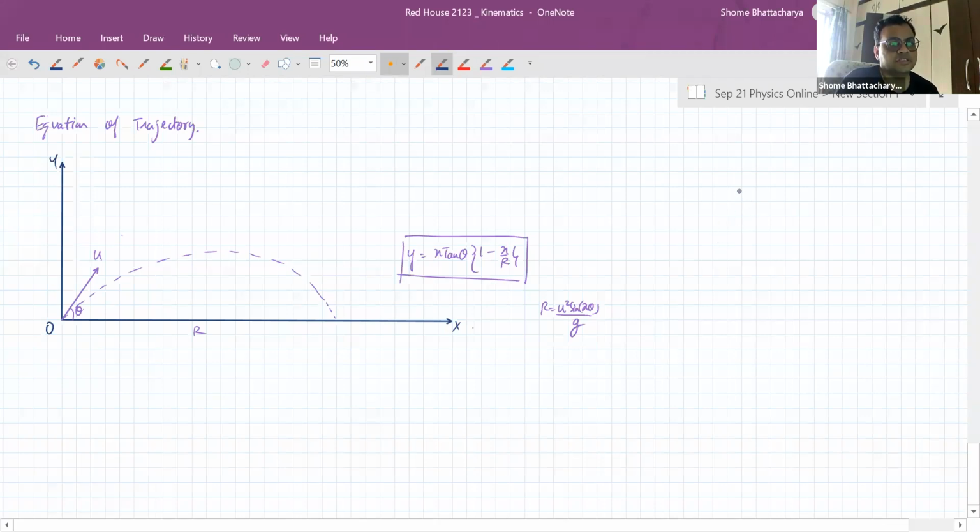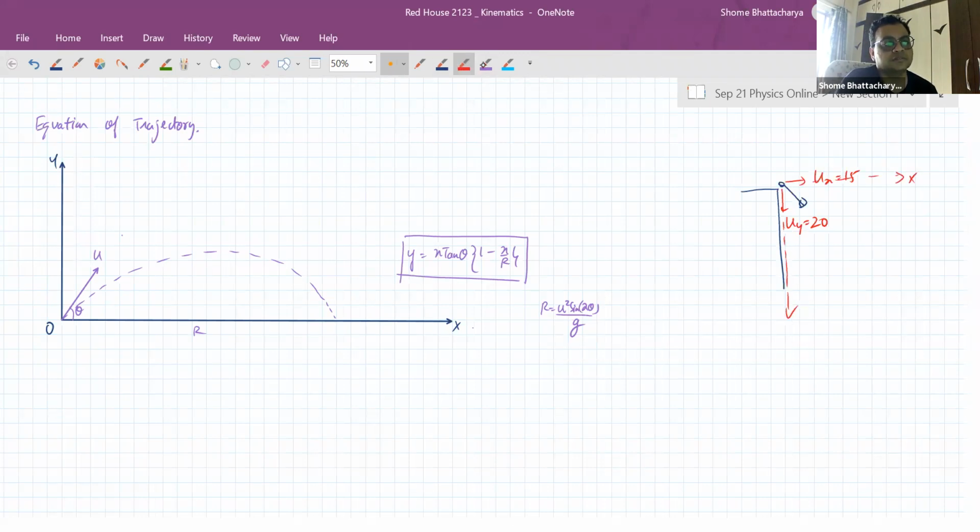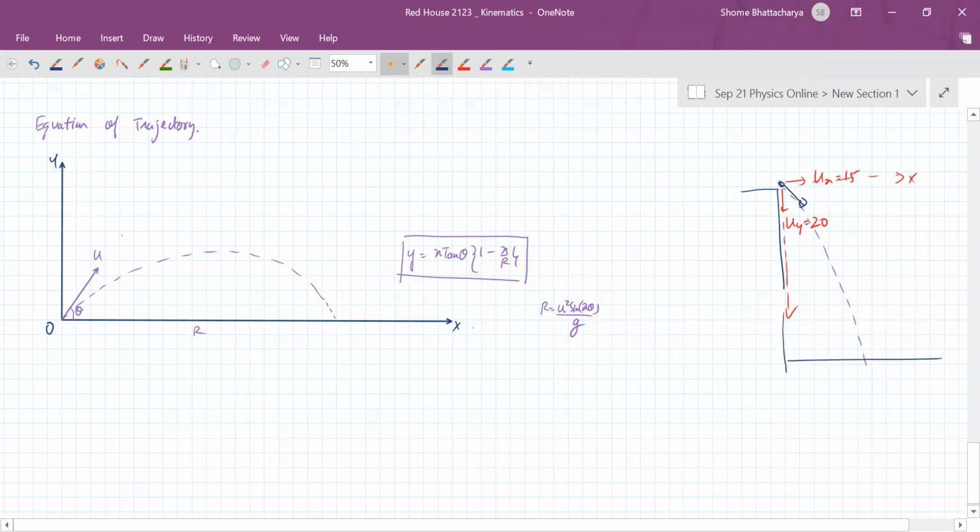So for example, here when we projected it like this, our x component was 15, our y component in the downward direction was 20, and we had taken the y-axis like this and the x-axis like this. So we can write an equation that represents this path, this trajectory. This trajectory will also be parabolic because it's after all the same motion, and we can use that equation of trajectory also.